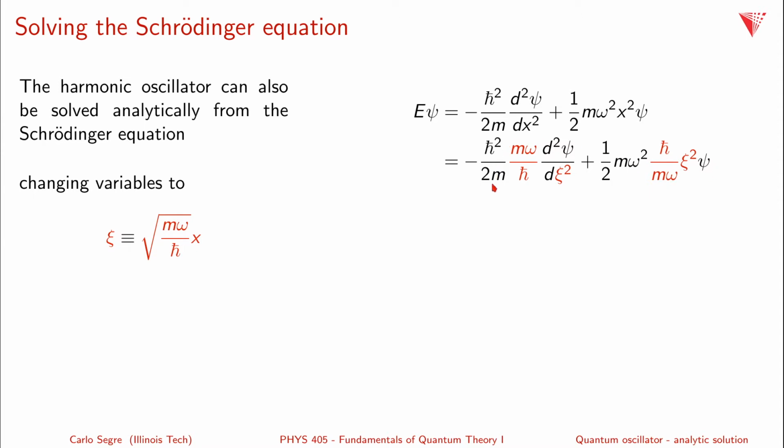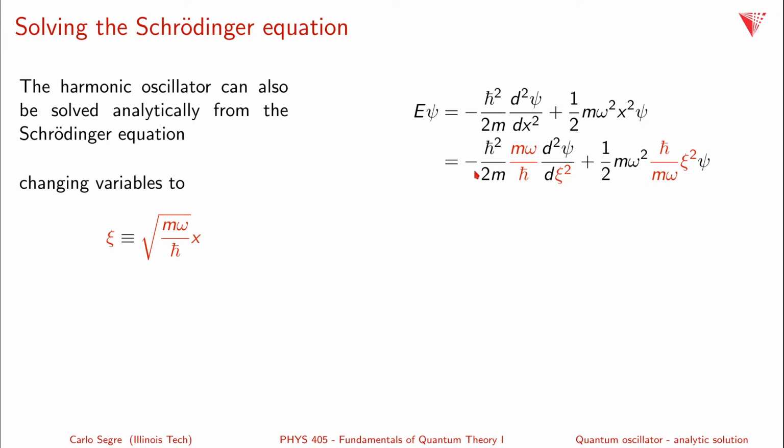If you look carefully, you'll see that both these reduce to the same prefactor. The m cancels here, one of the h bars cancel, and I have h bar omega over 2. And here I cancel one of the omegas, and I cancel the m, and I get h bar omega over 2 also. So we can factor that out.